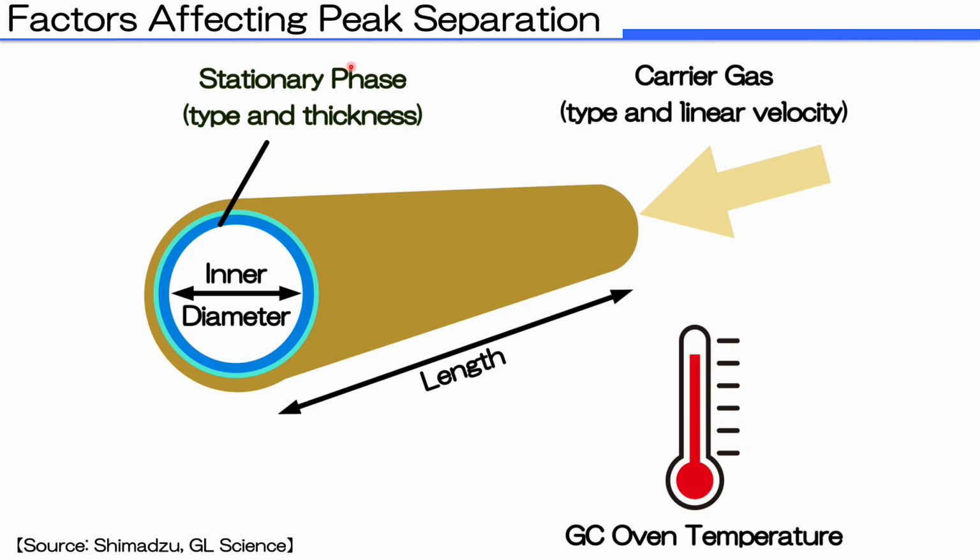Factors affecting peak separation are the type and thickness of stationary phase, column inner diameter, column length, carrier gas type, linear velocity, and GC oven temperature.